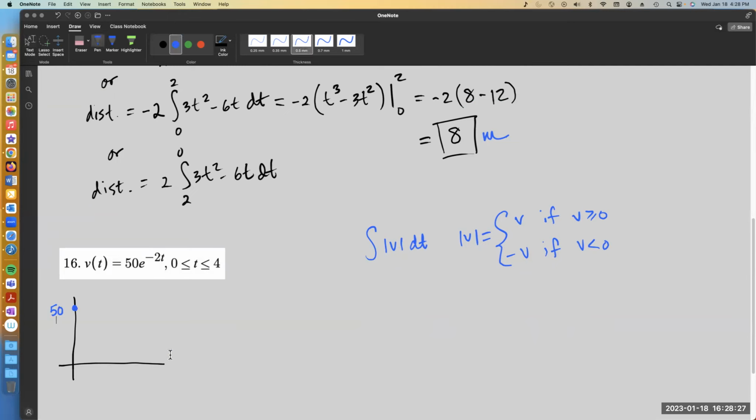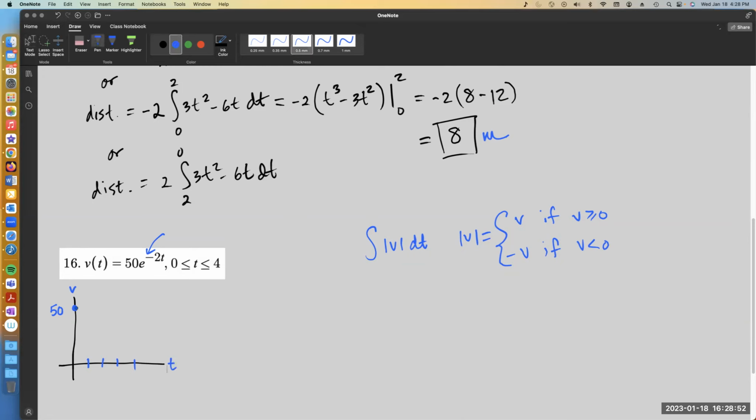Now, this exponential function is a decay function because we have this negative here. And so on our interval, we know that this function is decaying. Will it ever reach the t-axis? Will that curve ever touch down to the t-axis?